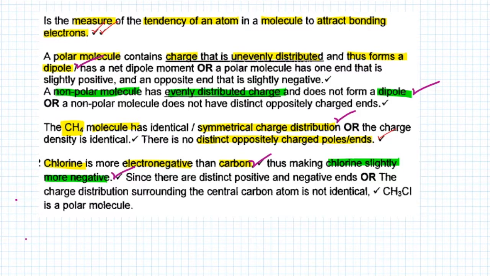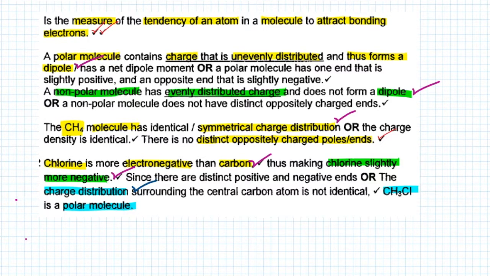Since there is a distinct positive and negative end, we can say that the molecule is polar, or you could instead say that since the charge distribution surrounding the central carbon atom is not identical, or you can even say since the charge distribution is uneven, we can come to the conclusion that the chloromethane molecule is a polar molecule, and that is going to get us our 3rd mark.